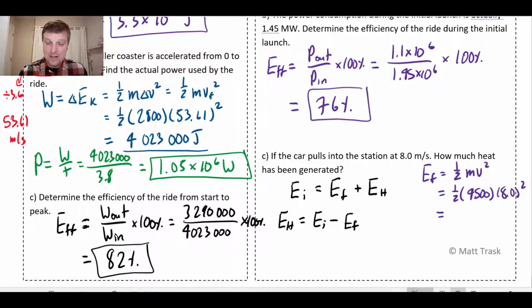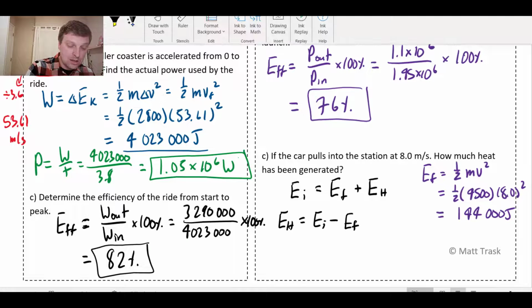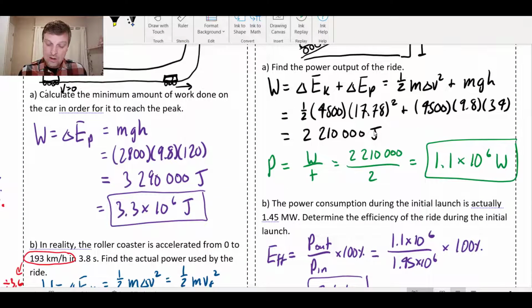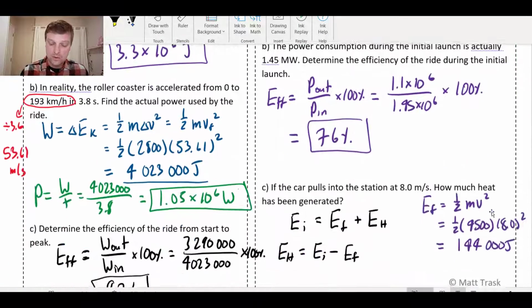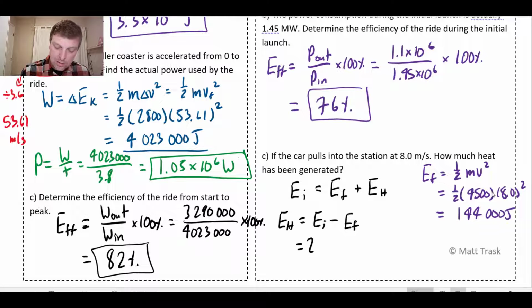So you can see I've lost most of my energy. In fact, it's only got about 144,000 joules left when it pulls into the station. And so the energy that was turned into heat is going to be the difference between what I started with, which I found back up here, over 2 million joules, 2,210,000 joules, and I only ended up with 144,000 joules.